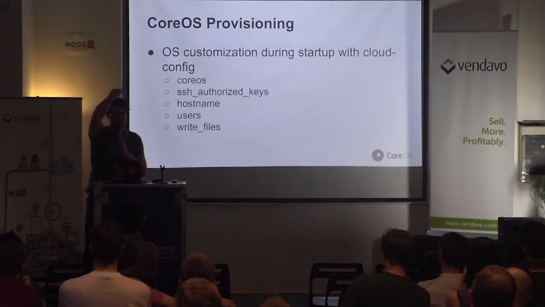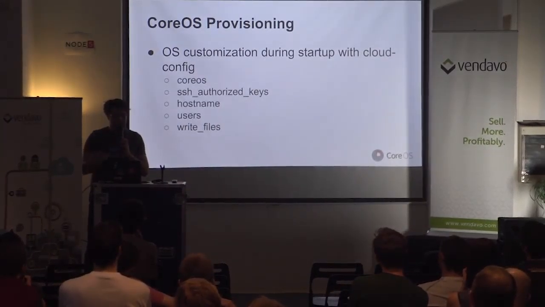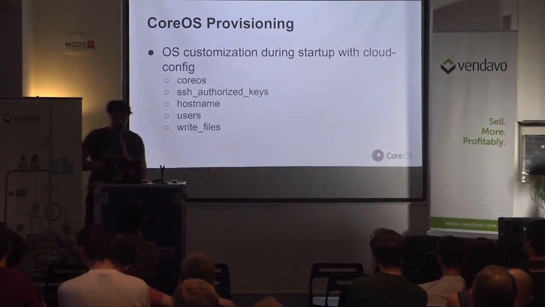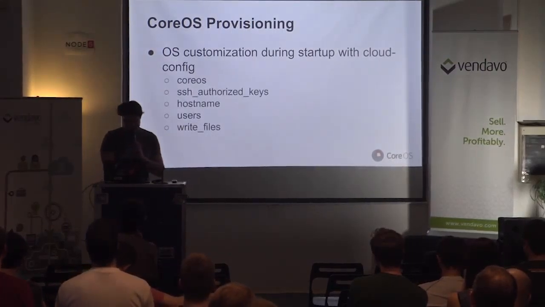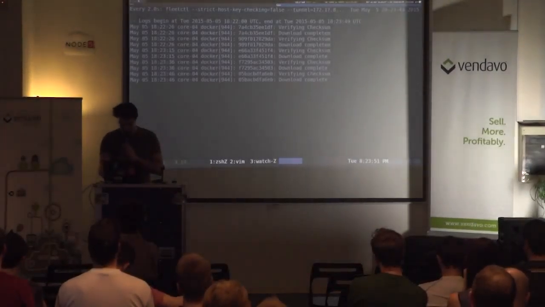It means that on the startup of the machine, you can define some script which will run on the startup, or files that will be saved into the node somewhere. So this is adopted by CoreOS as well, so you can define some values, and I can give you an example here.